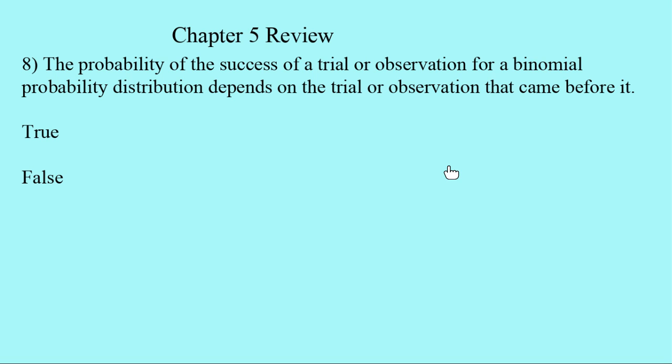You got it. I just want you to tell me why you think it's not dependent on the previous one. Right, because the previous trial is done, so it has no influence on the next trial.